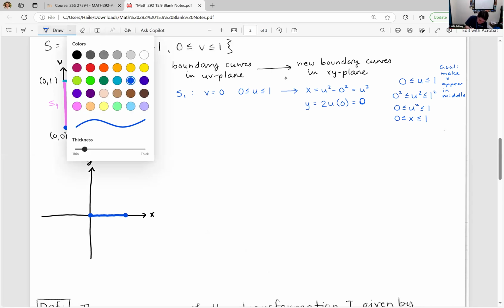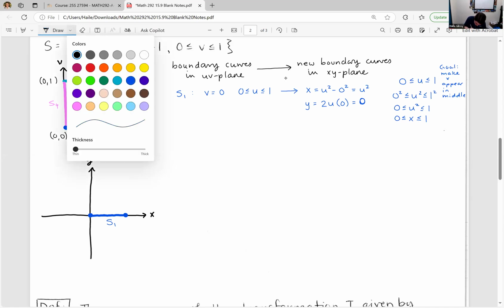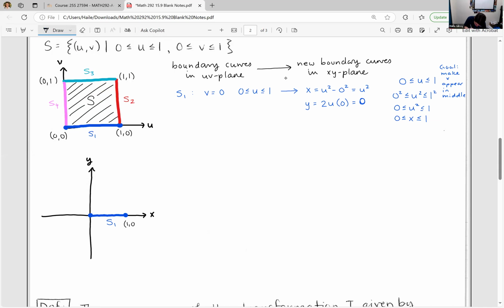So this is the curve S1 in the xy plane. Suppose this point over here is 1, 0. So that's my curve S1. So far, it looks the same as the UV square. So let's do S2 and see what happens.